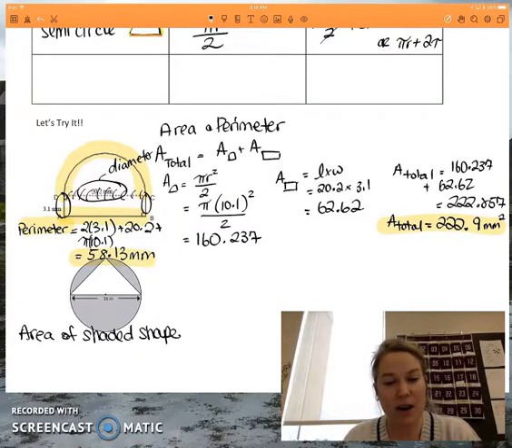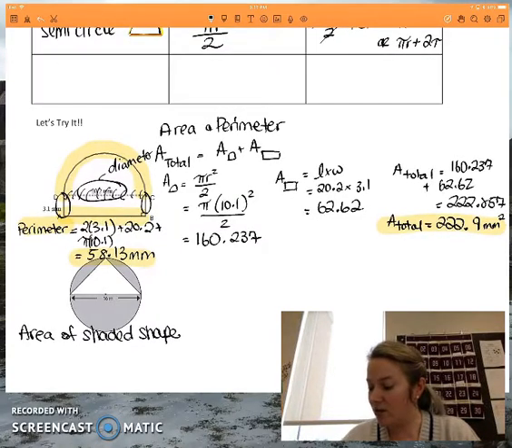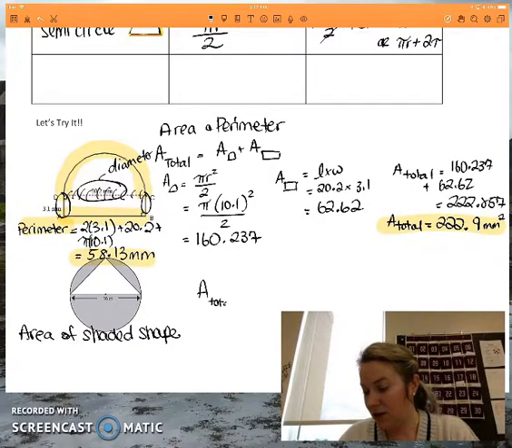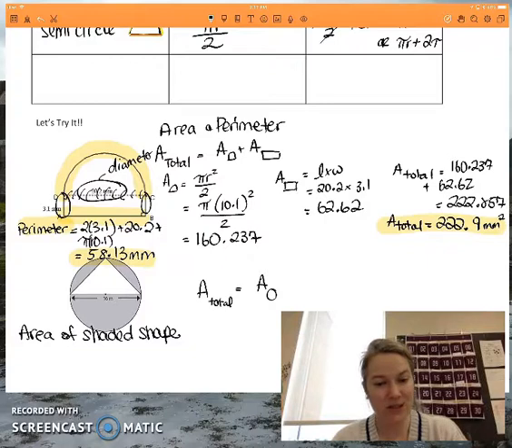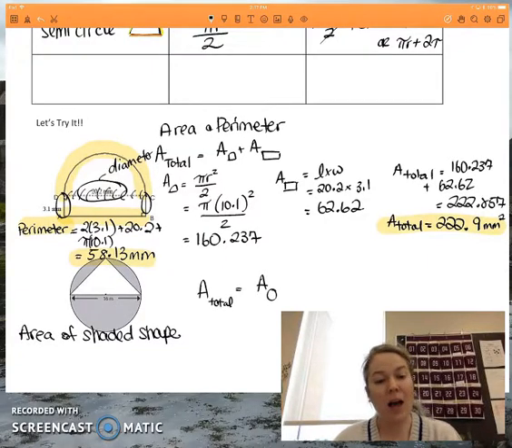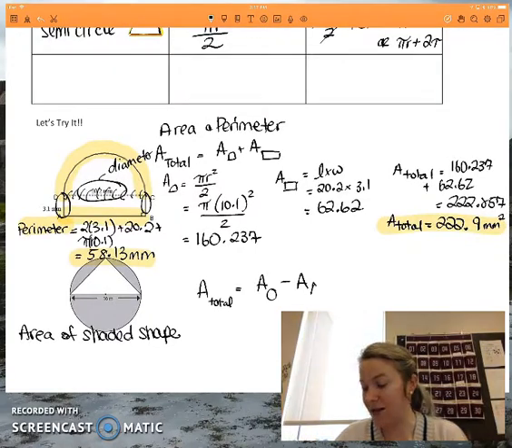So I don't need the triangle. So what I'm going to do then is I'm looking for a difference of 2 shapes. So my area total that I'm looking for here is going to be the area of the circle. I'm not going to add it to the triangle because the triangle is actually missing. I'm going to take it away from the triangle, so minus the triangle.